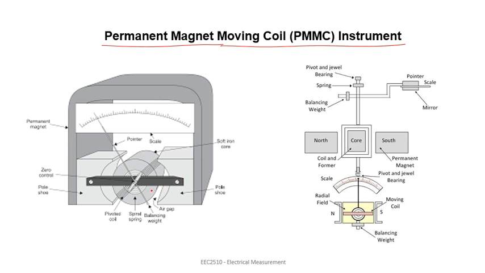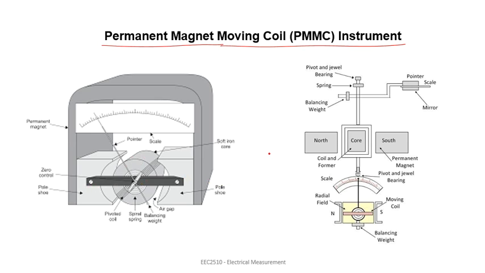The coil is placed in between the pole shoes of the permanent magnet. This is the main feature of the permanent magnet moving coil type instrument: it contains a permanent magnet with two soft iron pole shoes, which we are seeing here in this figure.